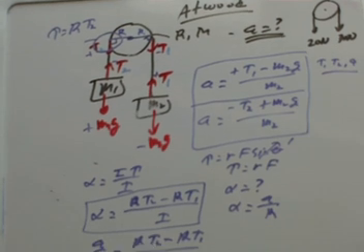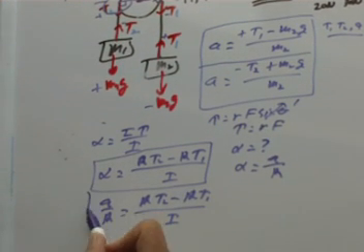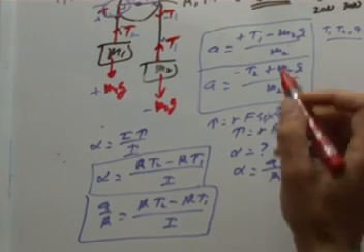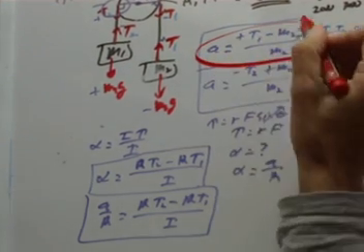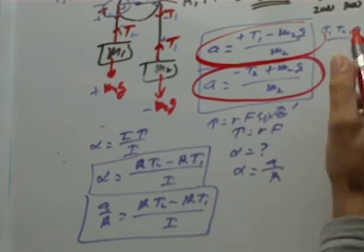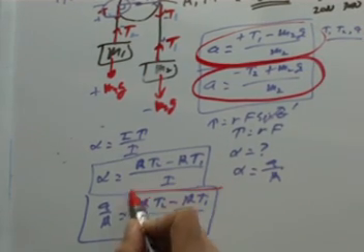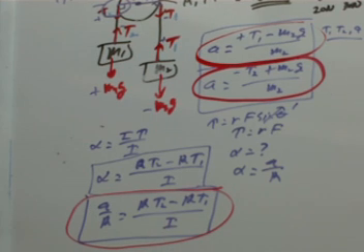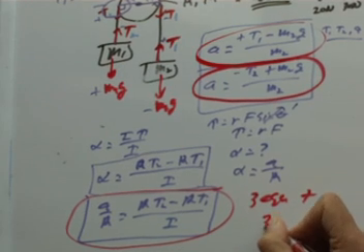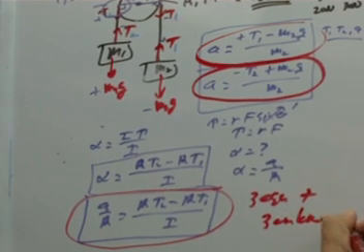So I will end this video right here with this substitution, because now I have that third equation we were looking for. When you look at the full analysis, you have this equation and this equation, two equations that involve a, T1, and T2. Here's the third equation that involves a, T1, and T2. So you have three equations and three unknowns, and in a case like that, the algebra will take care of itself.